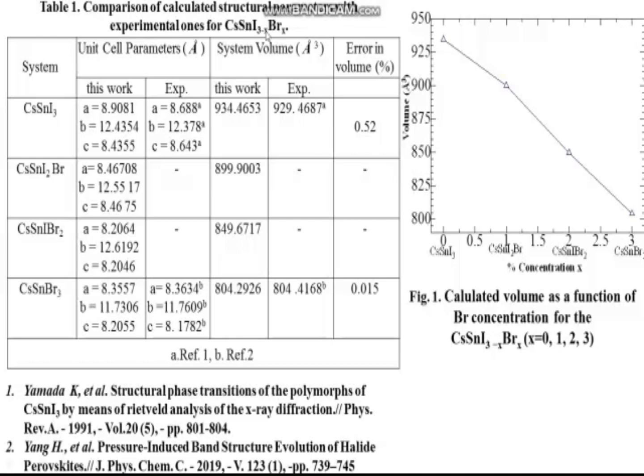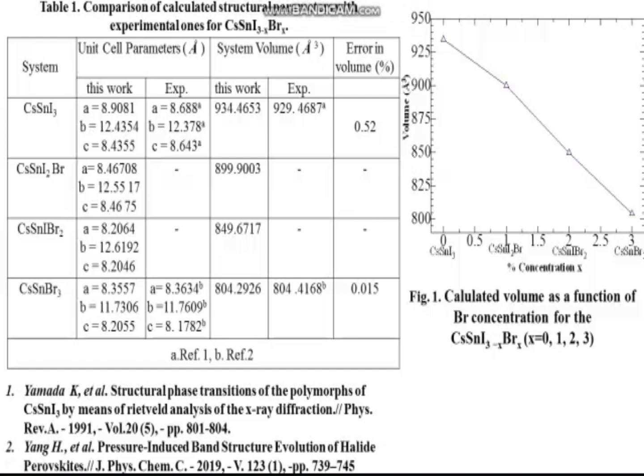In the current study, the geometric structures, electronic and optical properties of the orthorhombic system cesium scandium iodide-(3-x) brom-x with x = 0, 1, 2, 3 are investigated by ab initio calculations within the framework of density functional theory for their use as non-toxic light absorbers in solar cells.